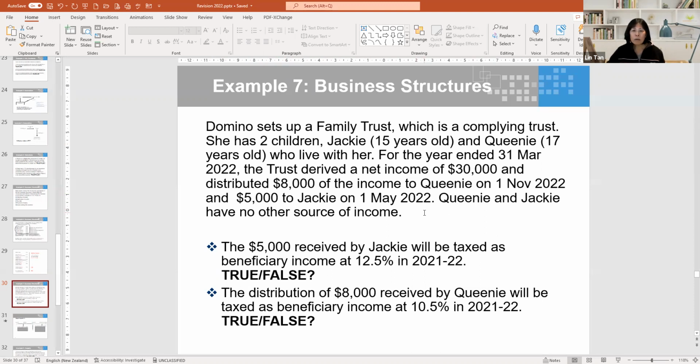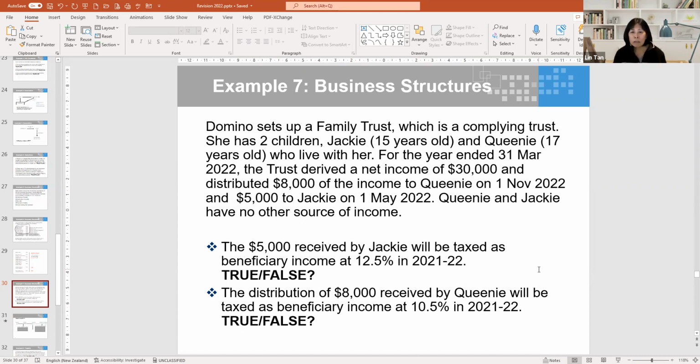And we're told that they have no other sources of income. And the statement is the $5,000 received by Jackie will be taxed as beneficiary income at 12.5%. Is that correct? And the distribution of $8,000 received by Queenie will be taxed as beneficiary income at 10.5%. Is that correct?